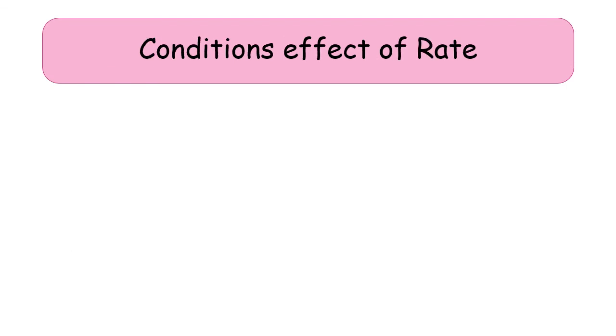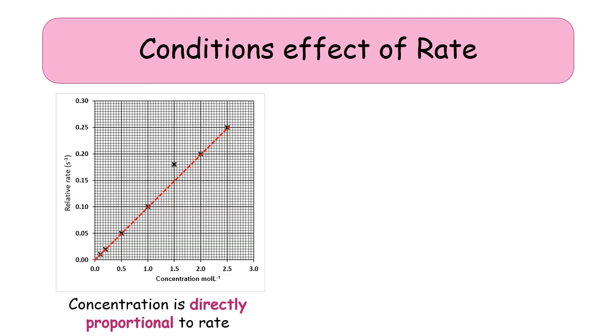So different conditions will have different effects on rate. With concentration, if you were to do a few different experiments where you were measuring the rate and with each experiment you were changing the concentration, you should see, if you plotted concentration against relative rate, a straight line is what your graph should look like.